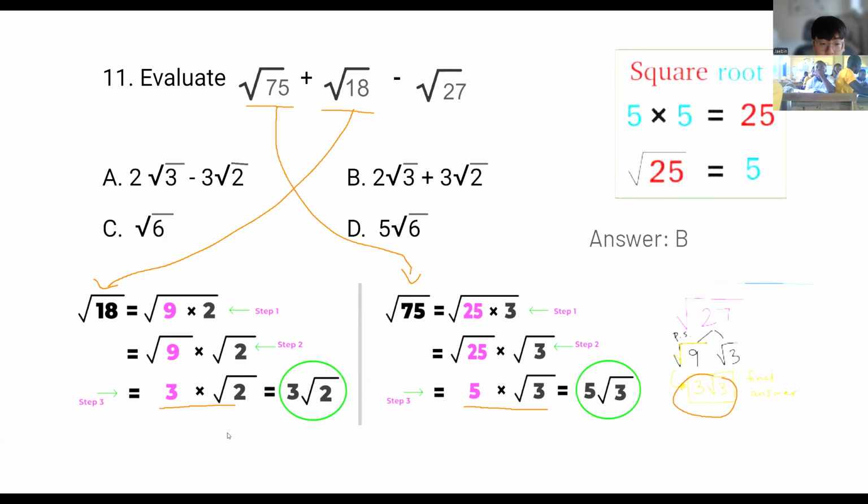And then we add all of these terms together. Remember that we can only add terms that have the same square root.